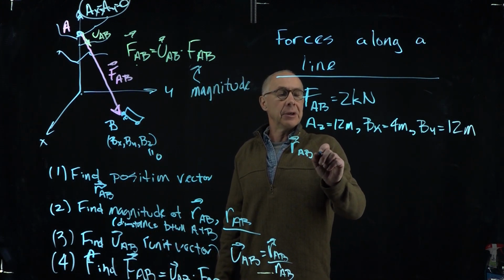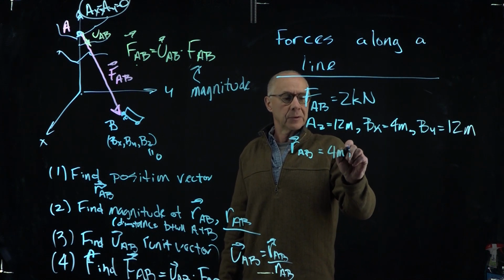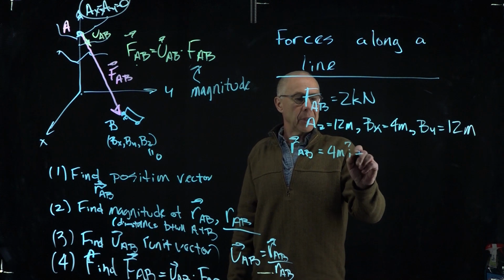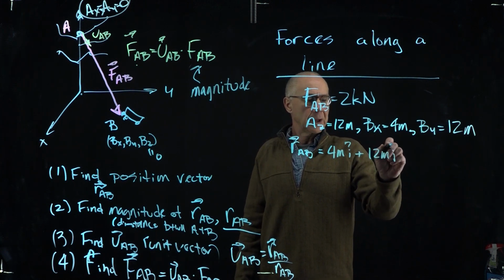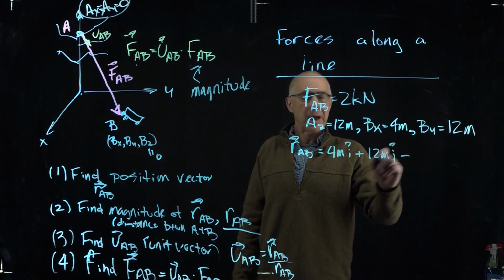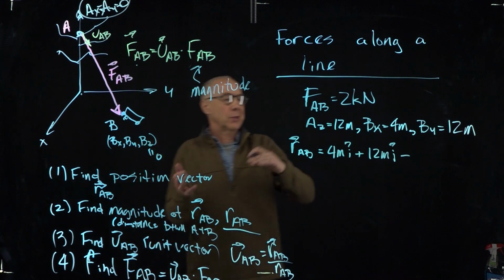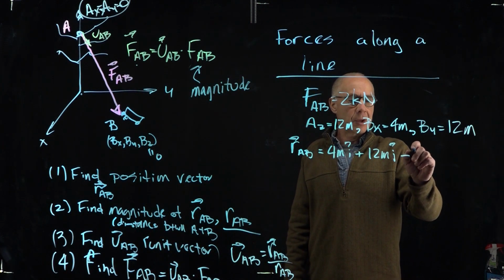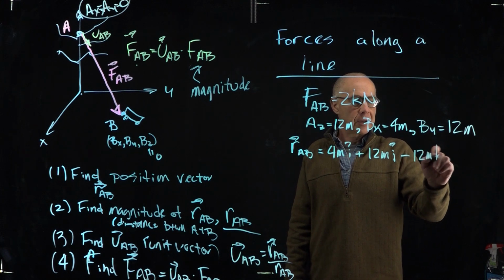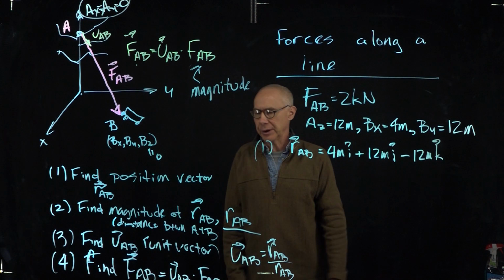So RAB equals BX, which is 4 meters, times I, plus BY, which is 12 meters, times J. And then we have minus, because we're going from 12 down to 0. So it's like 0 minus 12 times K. So minus 12 meters times K. That's our position vector. Step 1, accomplished.